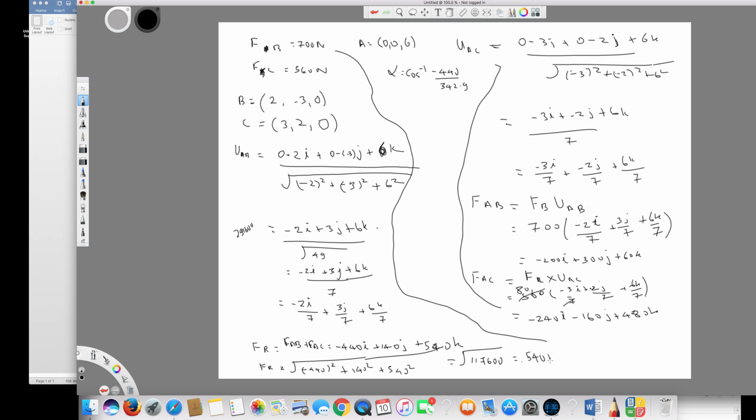So now to find cos alpha, alpha is cos inverse of minus 440. Now instead of 342, I have to divide it by 540. Now I will get the right answer.